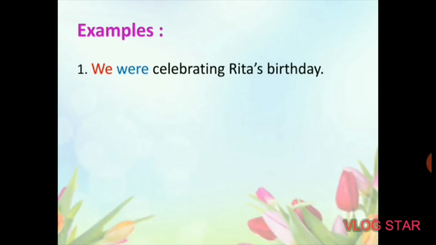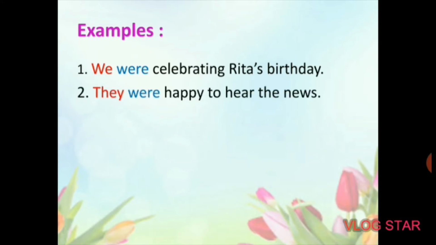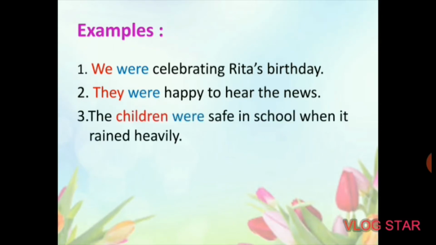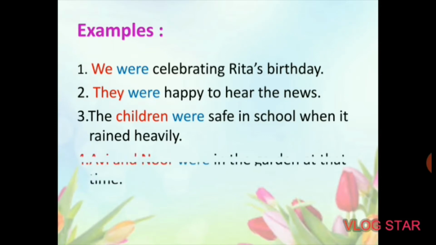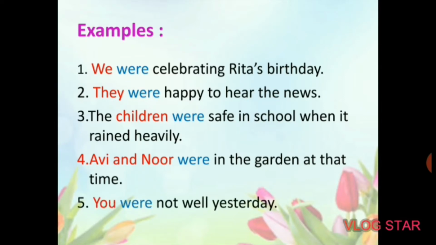We were celebrating Rita's birthday. They were happy to hear the news. The children were safe in school when it rained heavily. Avi and Noor were in the garden at that time. You were not well yesterday.